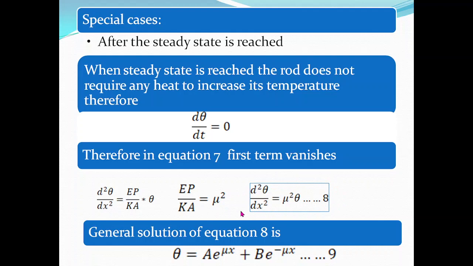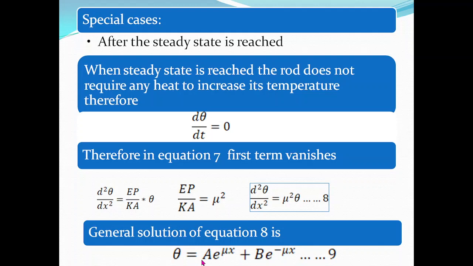Now this is a second order differential equation, and the general solution to such an equation is given by theta equals a e raised to mu x plus b e raised to minus mu x. To study the rectilinear propagation of heat along the bar means we have to calculate how much excess temperature is conducted from the hot end at any position x of the bar, and this theta, the excess temperature at a distance x, is given by this relation.